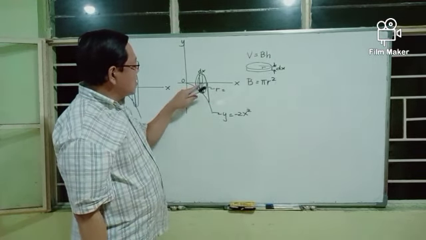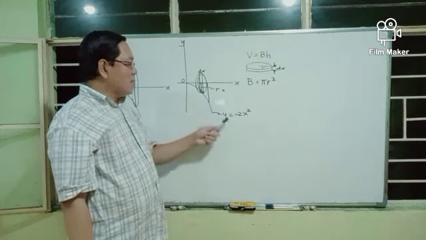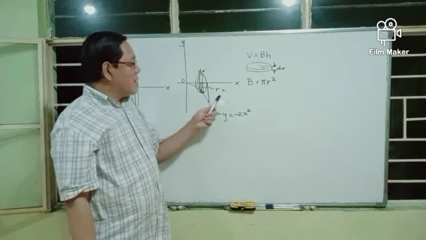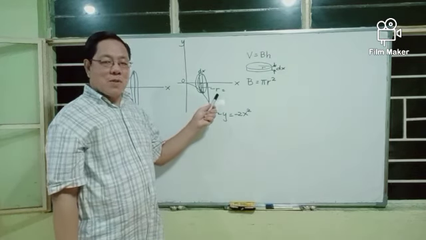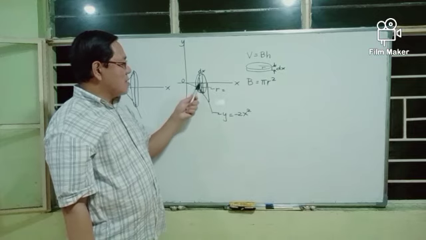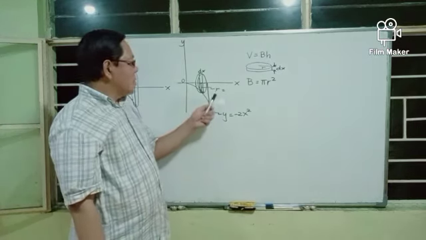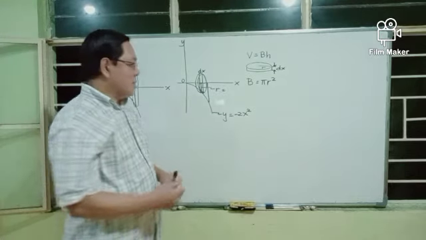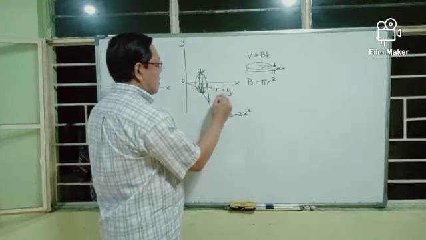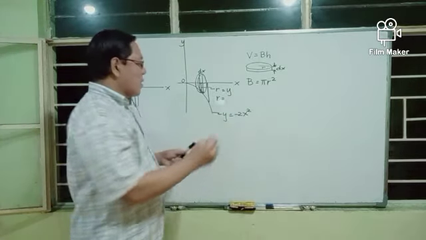So for this value of x on the x-axis, the value of y is negative 2x squared. And that is the radius. The distance of this point from the x-axis is the radius, and it is given by y. Therefore, r is equal to y, or the radius is negative 2x squared.